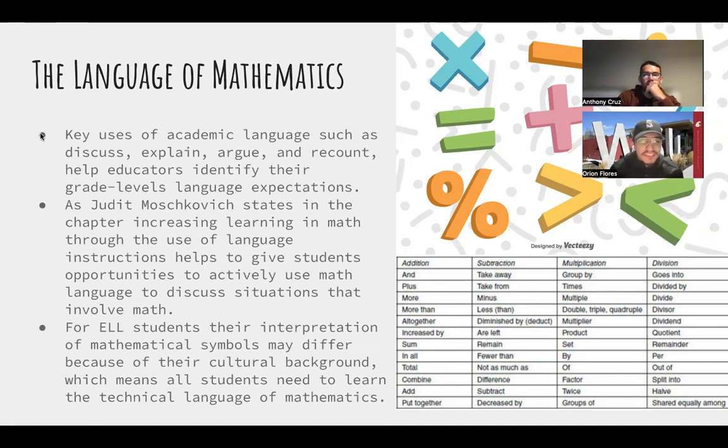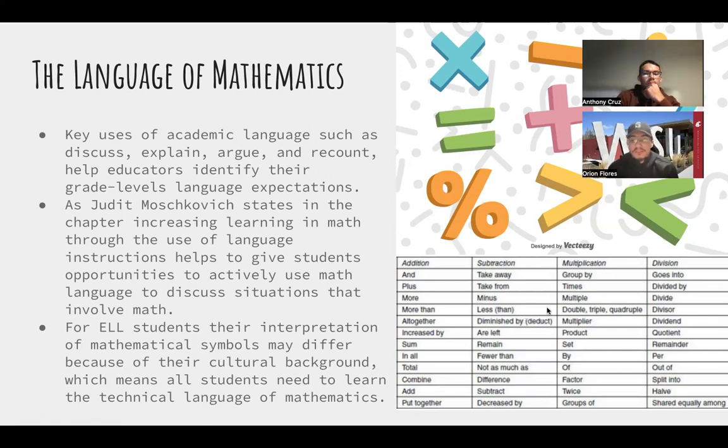As Judith, I don't know how to say their last name, states in the chapter, increasing learning in math through the use of language instruction helps to give students opportunities to actively use math language to discuss situations that involve math. And for ELL students, their interpretation of mathematics symbols may differ because of their cultural background, which means all students need to learn the technical language of mathematics.